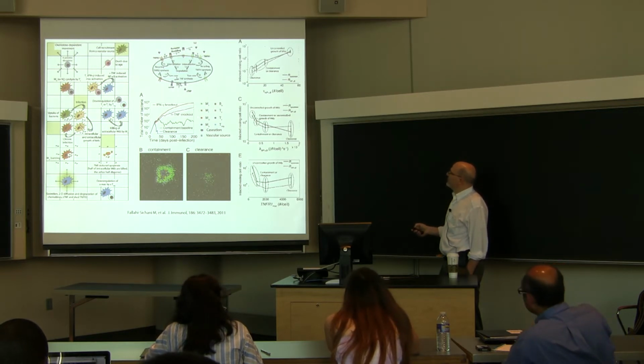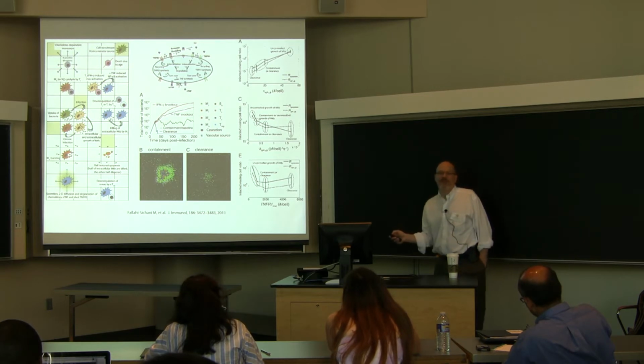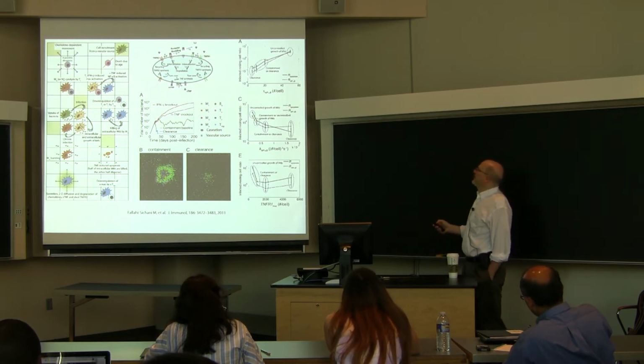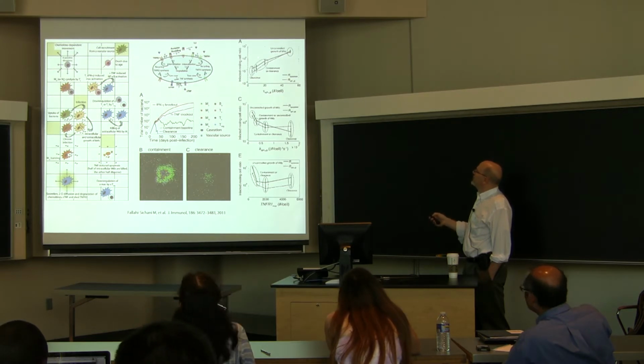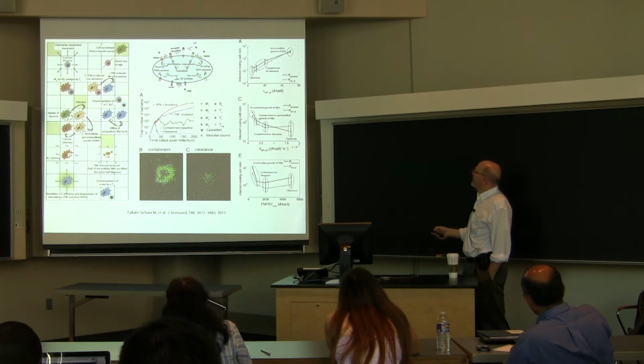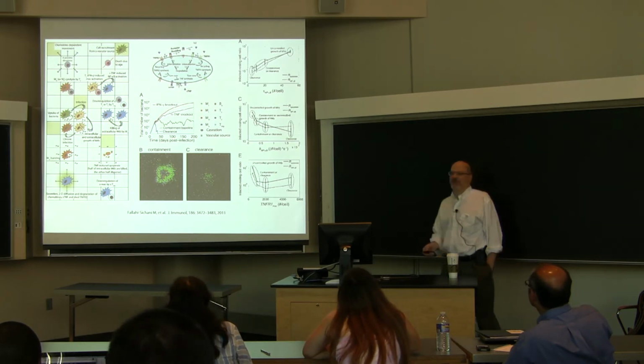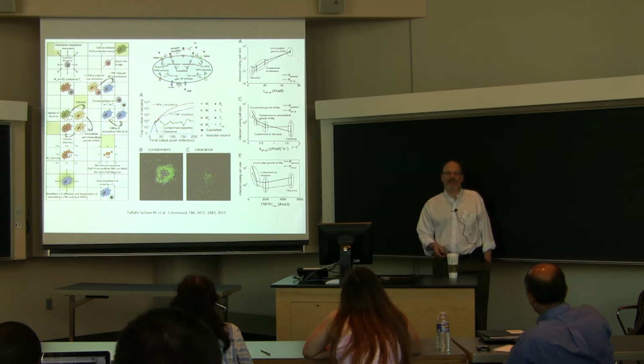Now, this particular paper, which is quite beautiful work, shows you also predictions of how the various parameter changes will give you changes in, for example, the infected to resting T cell ratio, and controlled growth or uncontrolled growth or clearance of the infection.